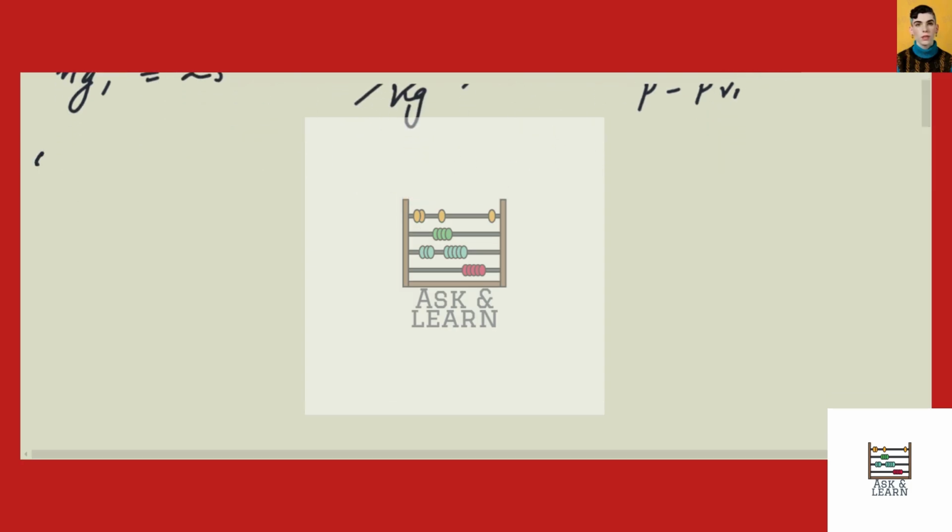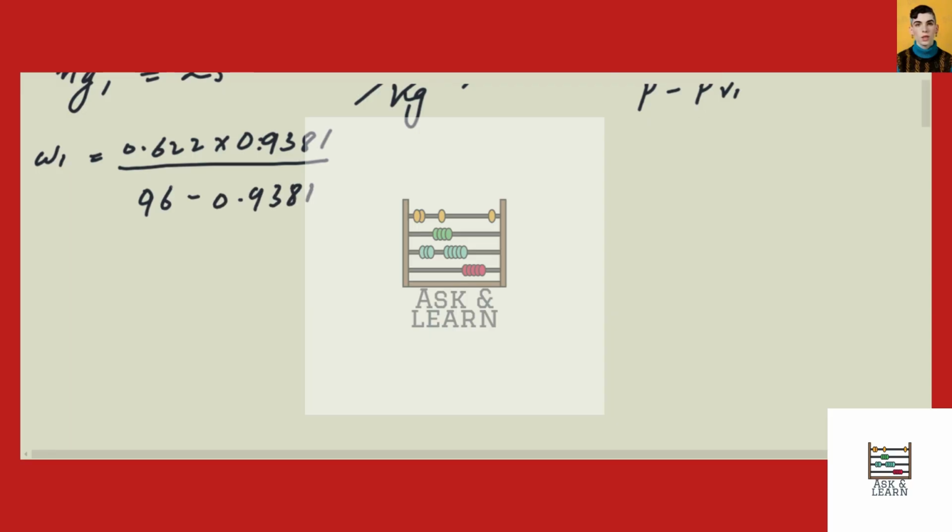So we have W1 is equal to 0.622 multiplied by 0.9381 divided by 96 minus 0.9381. So the answer to W1 is equal to 0.006. So H1 can be calculated through the formula, that is Cp into T1 plus W into Hg1.